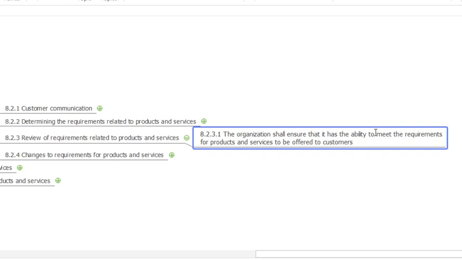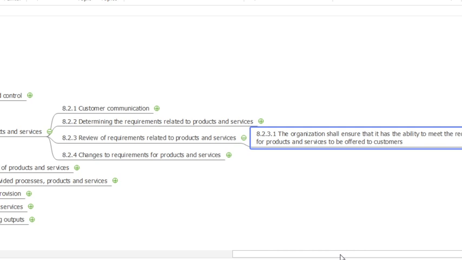If we don't have stock and we commit to the customer that we will provide this amount by this date, and we do not maintain that, we are giving false communication. This is wrong. So whatever requirements we give him, or whatever requirements the customer gives us, we should review once, and then after that the contract or other requirement differing from the previously expressed.